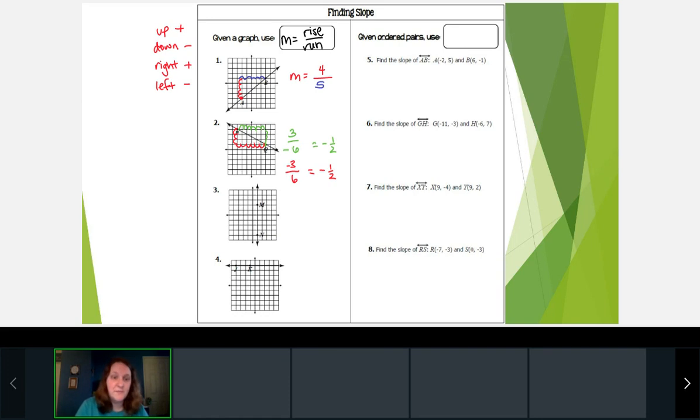Some answers I saw come through, I think some people did run over rise. So just be careful with that. It's rise over run. And just one little thing about negative numbers. Remember that no matter where that negative is, whether it's on the top or the bottom or even out front, these are all the same number. Oh, you counted wrong. That's okay. That's an easy one to fix.